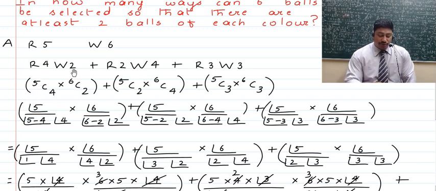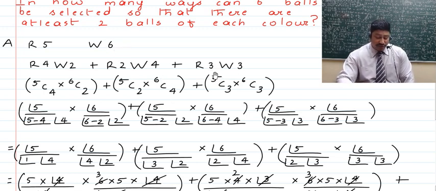And when we talk about 2 white balls when 6 white balls are available, that will become 6C2. Similarly, we can talk about 2 red balls from 5 red balls to be 5C2, and 4 white balls from 6 white balls to be 6C4. Similarly, 3 red balls from 5 red balls can be found out as 5C3 ways, and 3 white balls from 6 white balls can be found out as 6C3 ways.